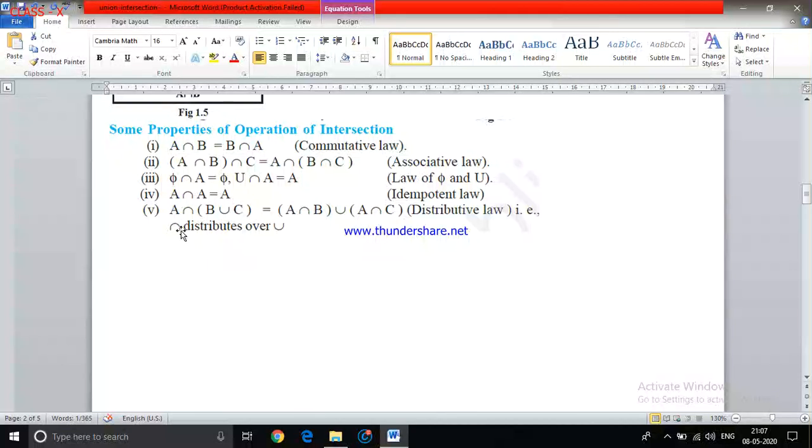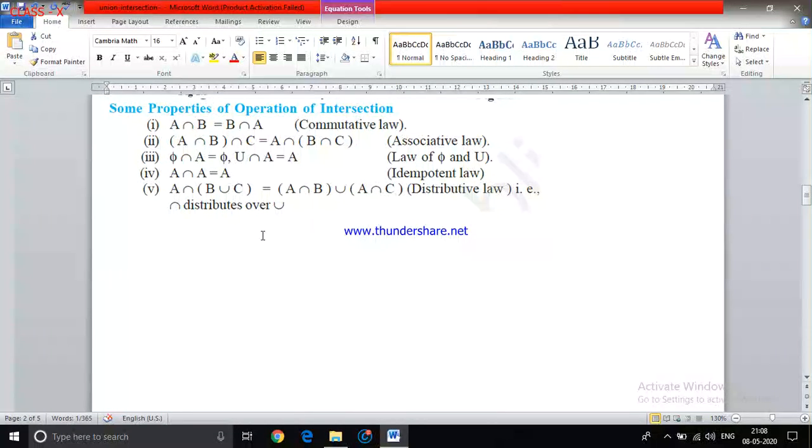Then I have the distributive law, which carries a union and intersection part. A intersection (B union C) will be the same as (A intersection B) union (A intersection C). That's what the distributive property says.